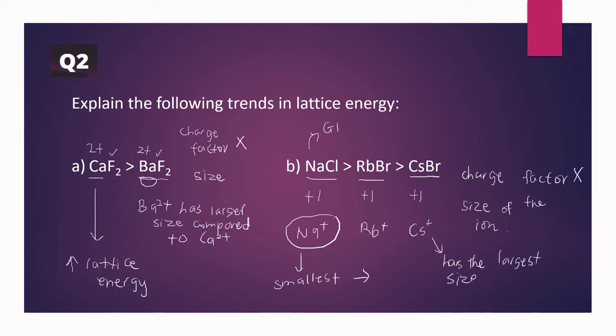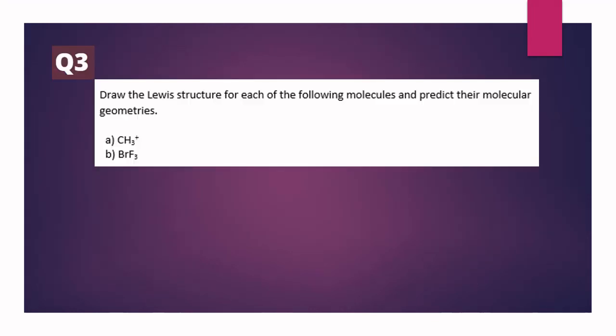In this case, the compound with the smaller ion is the highest in lattice energy.